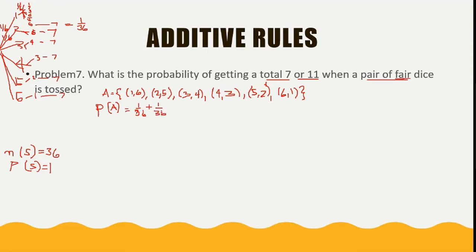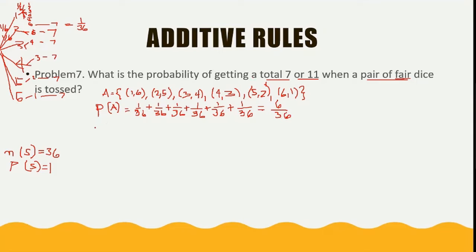That's 1 over 36 plus 1 over 36 plus 1 over 36 plus 1 over 36, and adding them up, since they have the same denominators, the result will be 6 over 36. Okay, now that's the probability of getting 7.